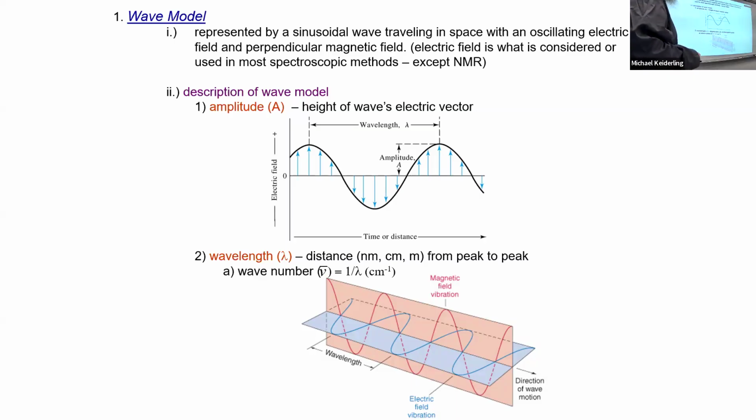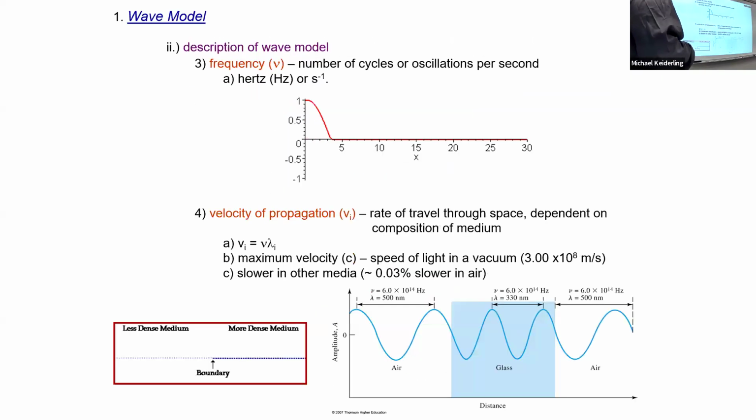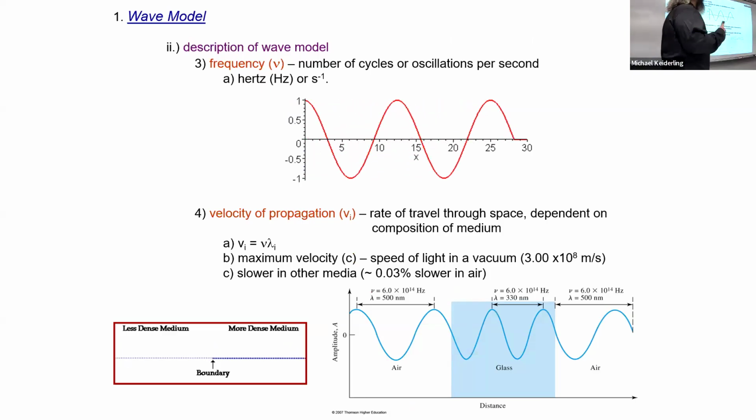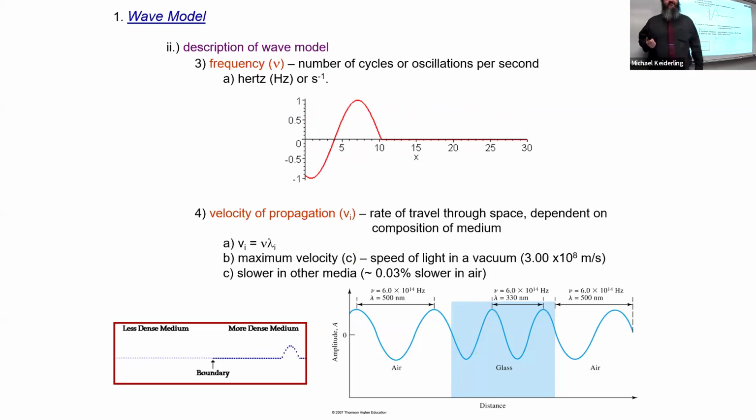So remember that wave number is inverse centimeters. You need to keep track of units, and it's 1 over the wavelength. It's written as v bar like that. Frequency is the number of cycles or oscillations per second. That's in hertz or inverse seconds. And the velocity is equal to the frequency times the wavelength for any wave.